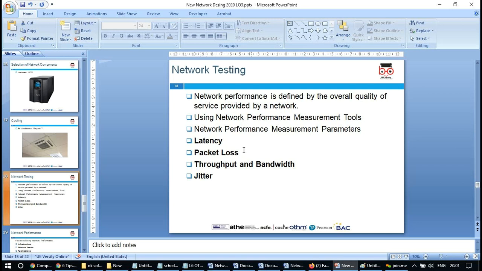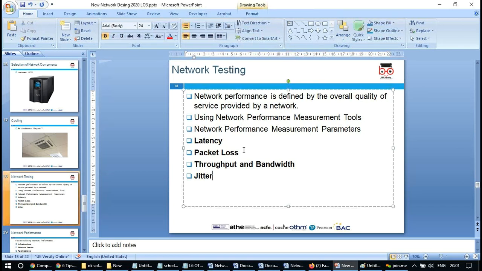data. The network performance measurement parameters within the network are latency, packet loss, throughput, bandwidth, and jitter. These characteristics should be measured and calculated in order to check the performance of the network.